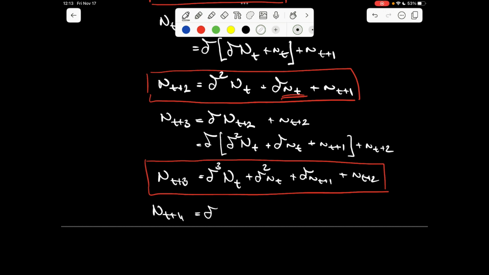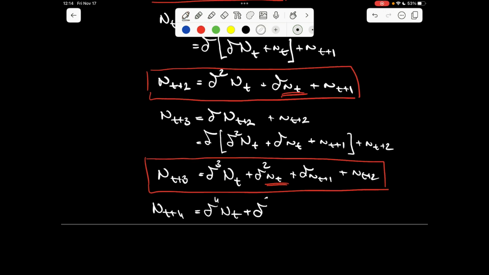The next case is obviously, and please note before moving on, please note that period t decision is also here. And here n t+1, n t+2, n t+3.